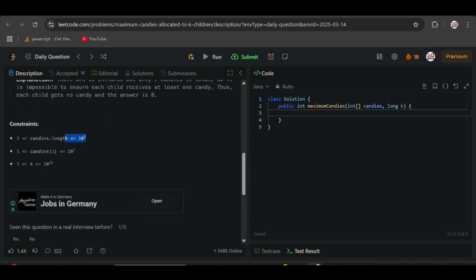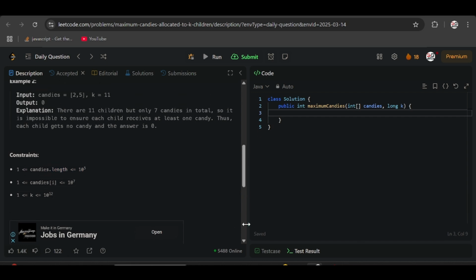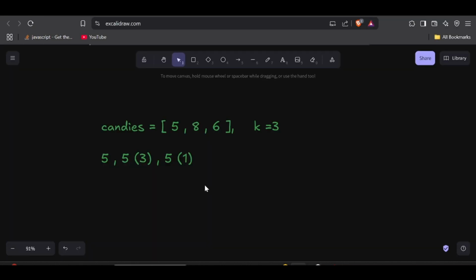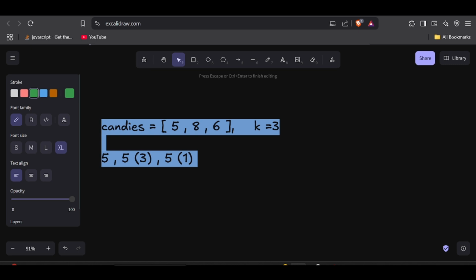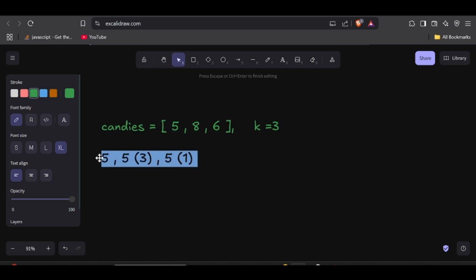In this question, the candies length is 10 raised to power 5. It means the value of n can be 10 raised to power 5 at max. So in this solution we cannot use the n square approach. Why so?